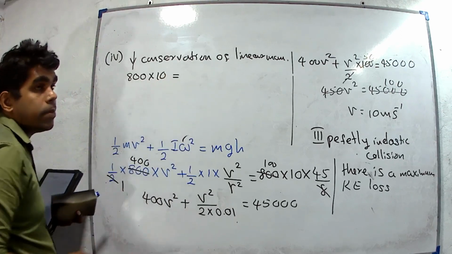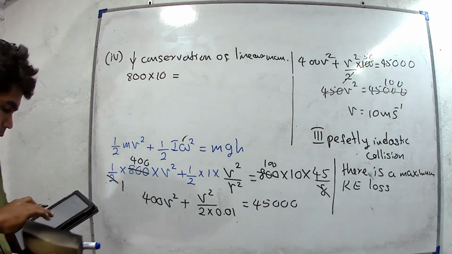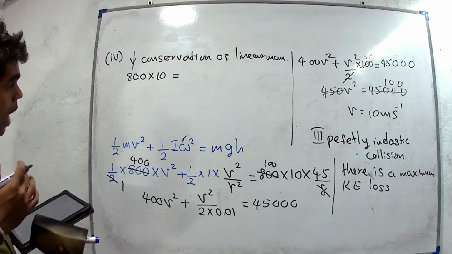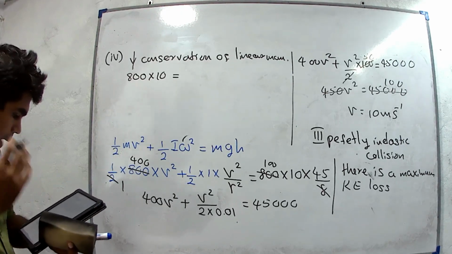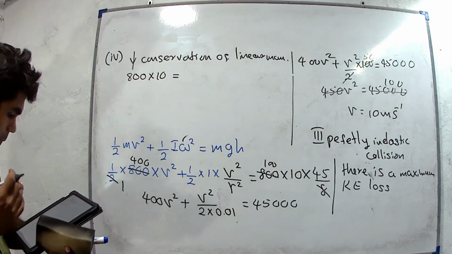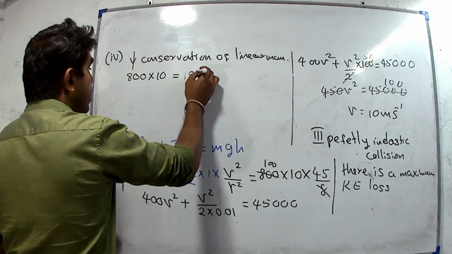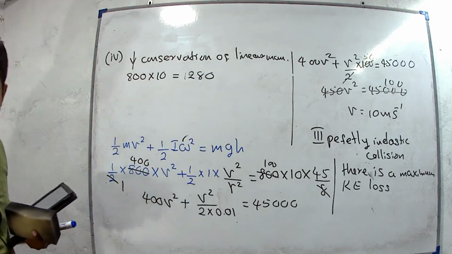After the collision, both objects are moving as a compound object, as one object. Therefore, we have to consider the sum of masses. The mass of the pile is given as 480. We have to add to 800, then 1280. 1280 is the total mass.